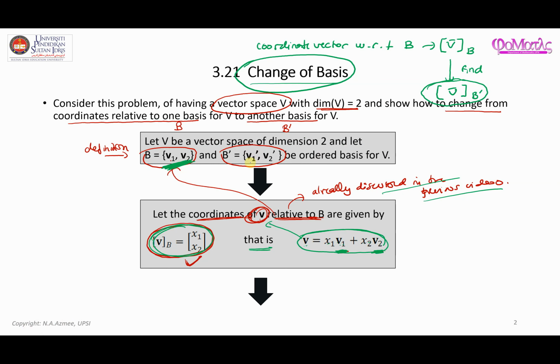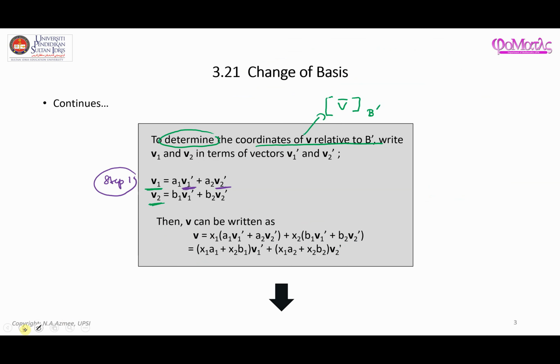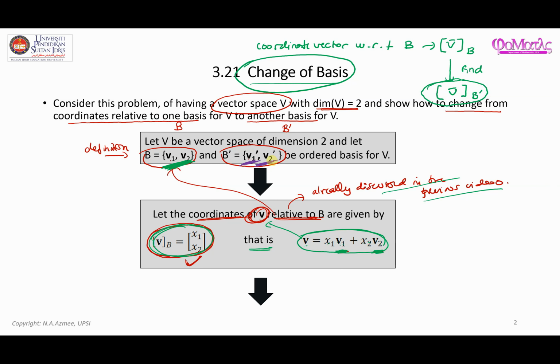from the new basis. We're going to find this V1 prime, V2 prime from this new basis. Again, this is also a linear combination of V1 prime and V2 prime from the new basis.